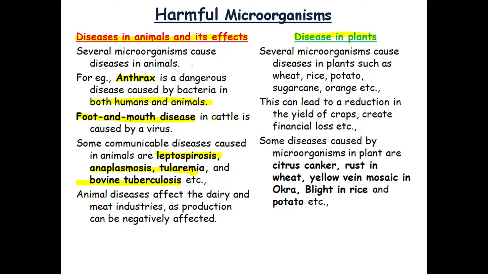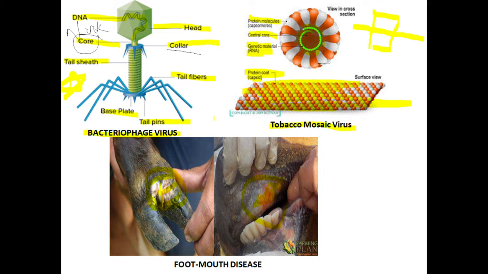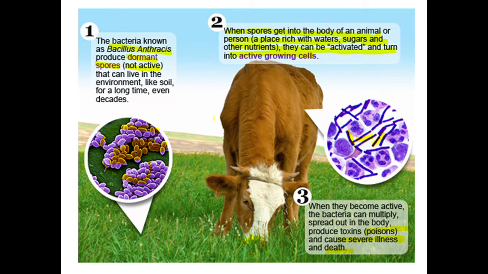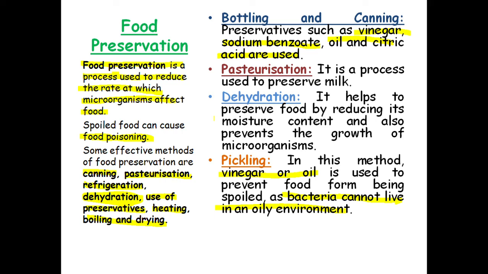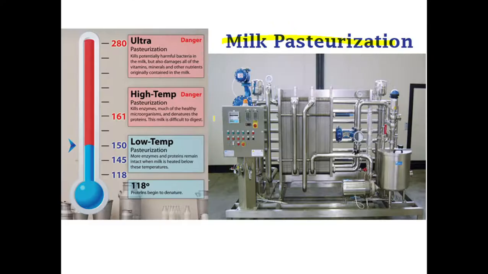These harmful organisms cause diseases in both plants and animals, which leads to a reduction in the yield of crops and dairy and meat industries and creates financial loss. Then there are the different diseases, and food preservation by bottling or canning, pasteurization, dehydration, pickling, etc.